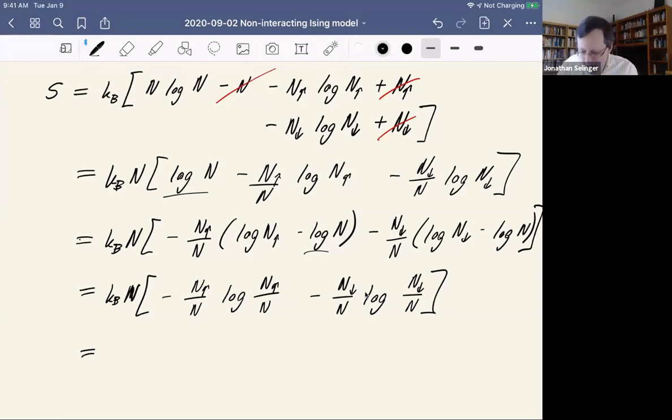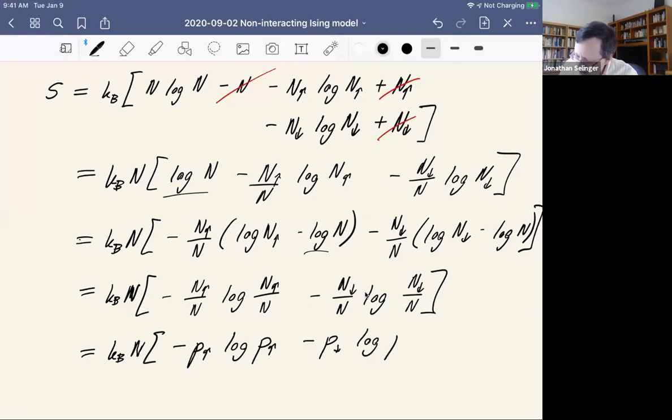Okay, so this is all equal to Boltzmann's constant times n, minus p up log p up minus p down log p down.